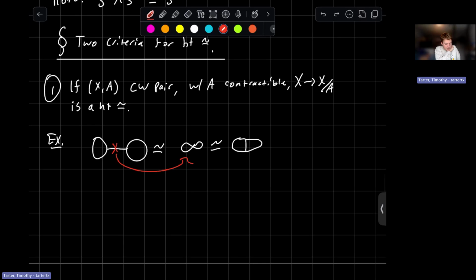Exercise 12 at the end of the chapter reduces the question to the case of connected graphs. And then the task is to prove that a wedge sum of m circles is not homotopy equivalent to the wedge sum of n circles if m is not equal to n.